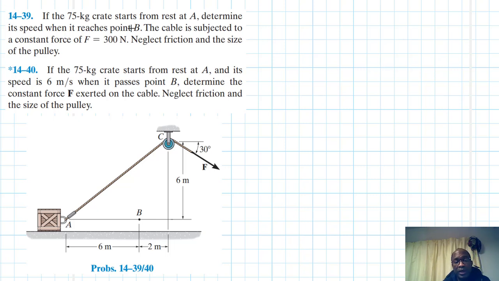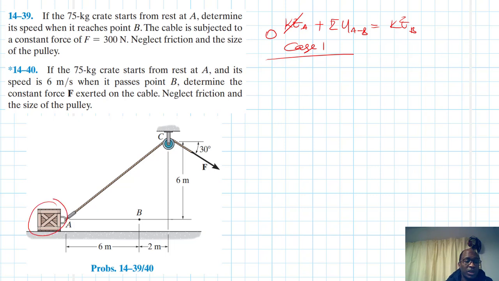So we have the initial kinetic energy of the box at A, plus the total work done from A to B, equal to the final kinetic energy of the box. In case number one, we know that the initial kinetic energy, for both cases, is equal to 0.